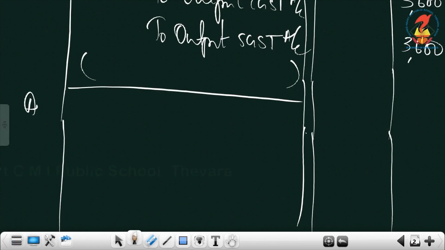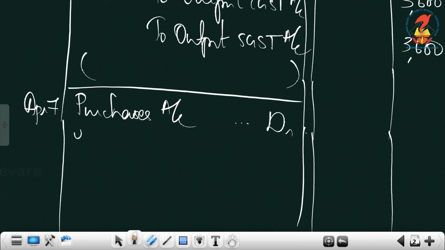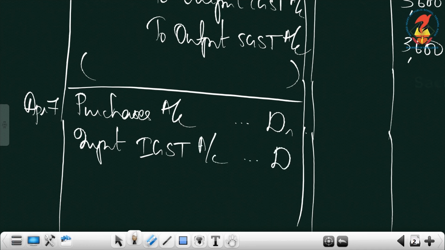So, the journal entry is purchases account debtor to input. Since it is purchases, it is the input GST, but it is input IGST you have to write. To, you can't write cash, it is on credit since the name is mentioned. So you must write to Surya's account.